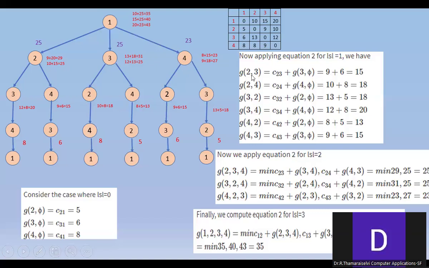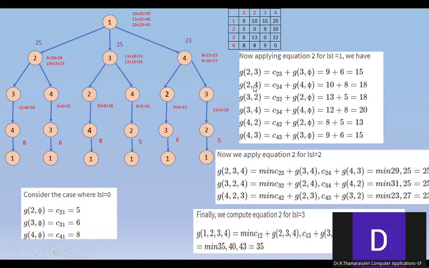Where the formula is, G of 2 comma 3 is C23, which is 9, plus G of 3 comma pi. G of 3 comma pi is 6. 6 plus 9 is equal to 15.